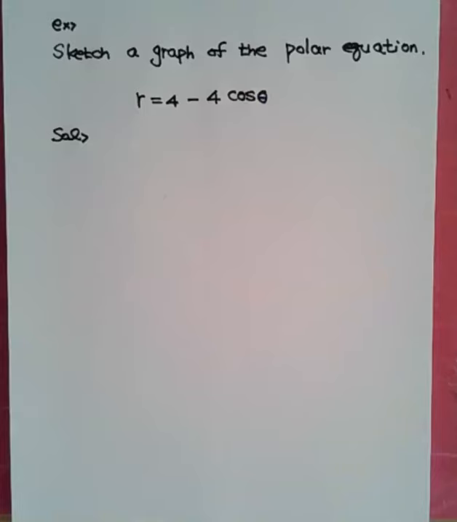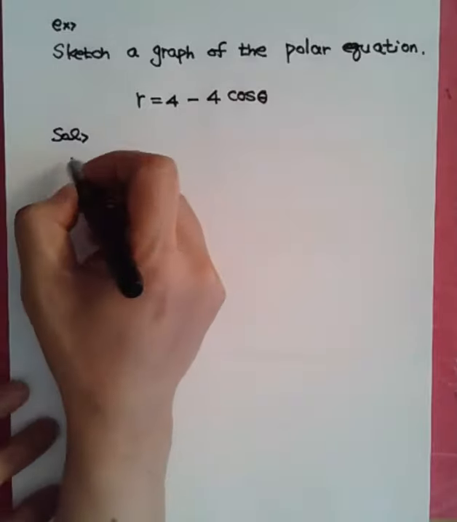Let's do an example. We want to sketch a graph of the polar equation r equals 4 minus 4 cosine of theta. To do that, we want to graph y equals 4 minus 4 cosine of x first.